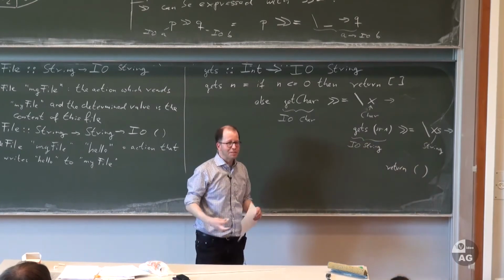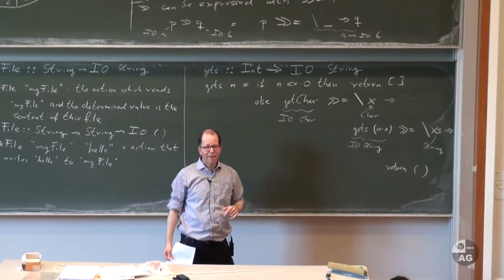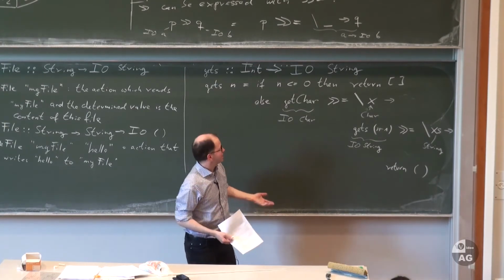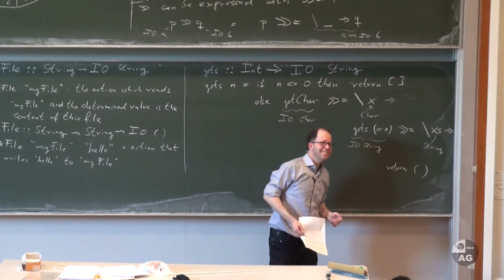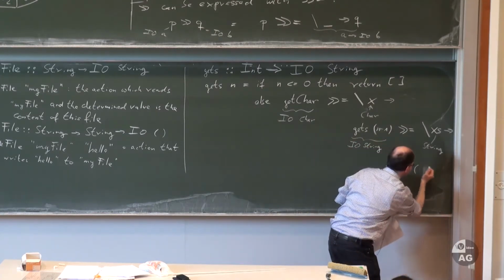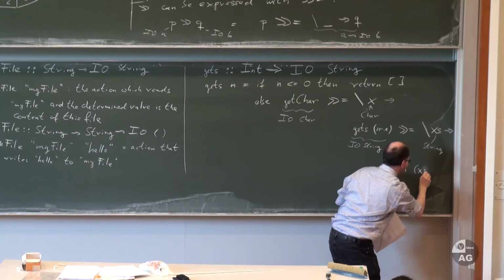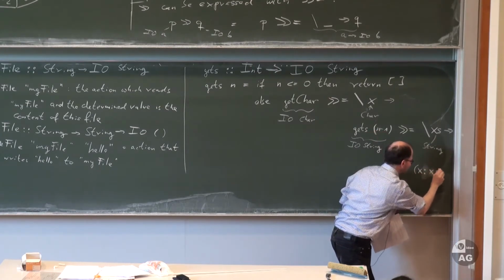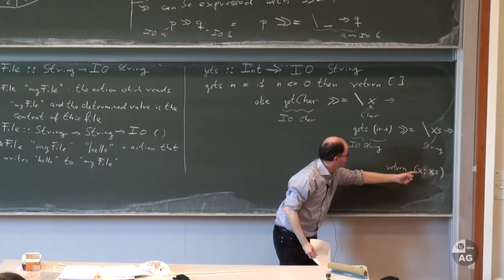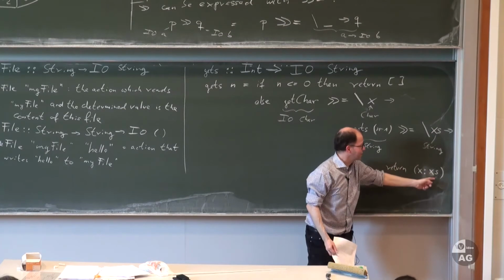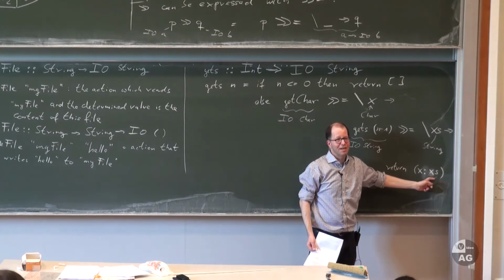That would be disappointing, because then I read these n characters and then I do nothing and they are lost. That would be bad. Yes. So I should return this. This should be the empty action, but I encapsulate the string that I have read here. So I encapsulate the string that starts with this first character, and then we have the remaining characters here. So this indeed does the right thing.